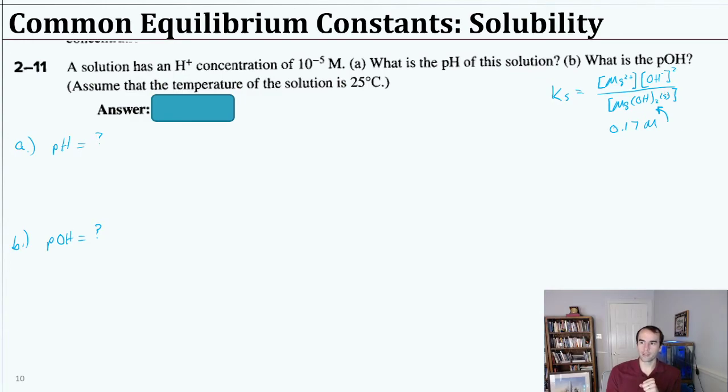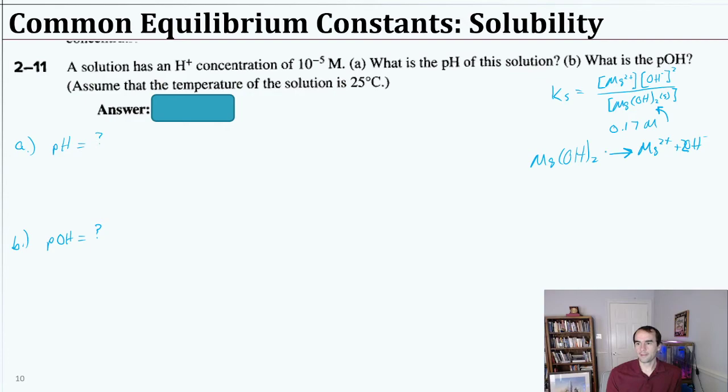So you no longer have a solid here. So this is not the concentration. When we put a solid in the denominator here, that assumes that there is still some solid in solution to be in equilibrium with. Since we found essentially that it's all going to dissolve, then we don't put it there, because we already know that the MgOH2 basically all went to Mg2 plus and OH minus.